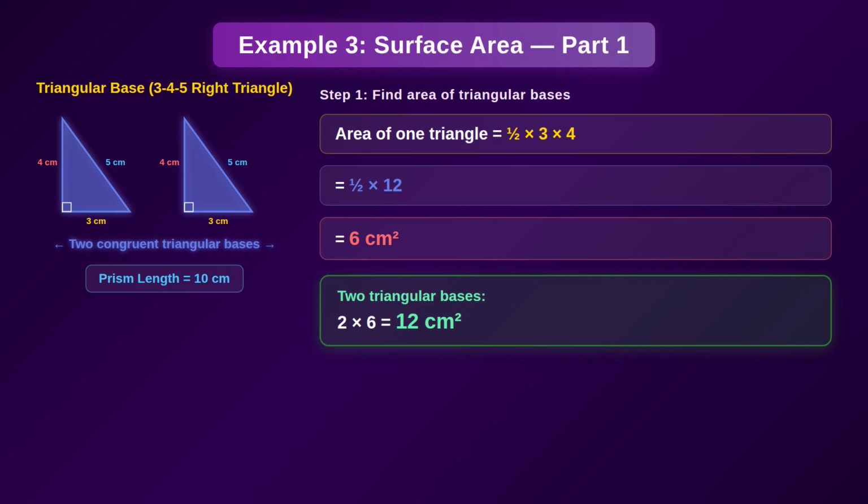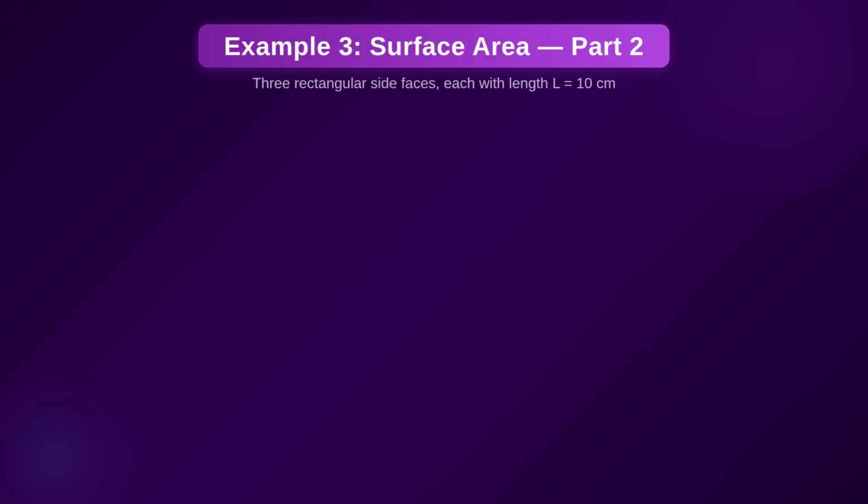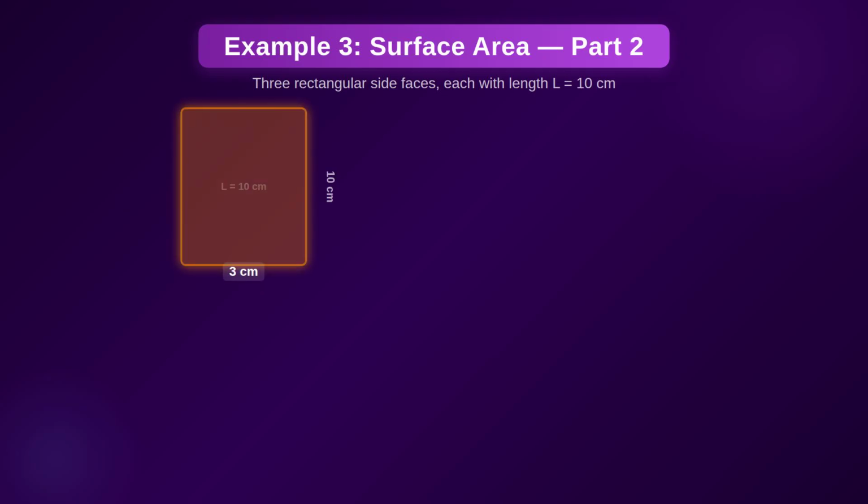Base equals 3 centimeters, height equals 4 centimeters. Length of prism is 10 centimeters. Let's find the area of the two triangular bases first. Area of one triangle equals 1/2 times 3 times 4 equals 1/2 times 12 equals 6. Two triangles, 2 times 6 equals 12 square centimeters.